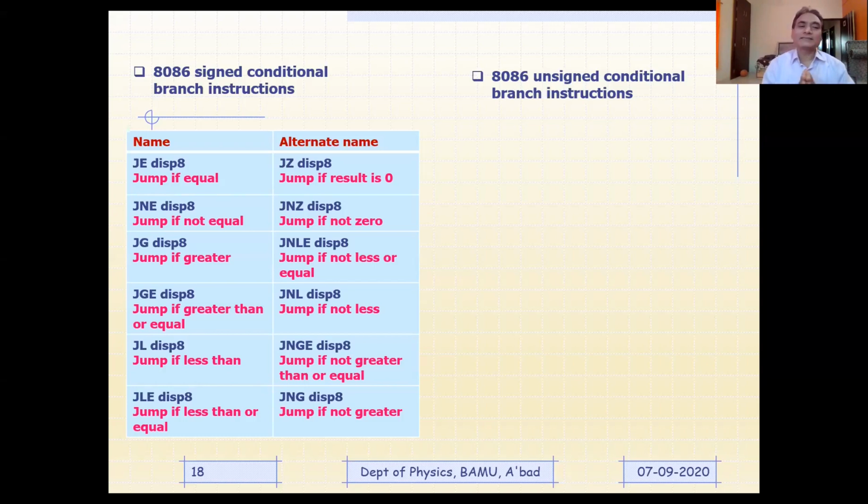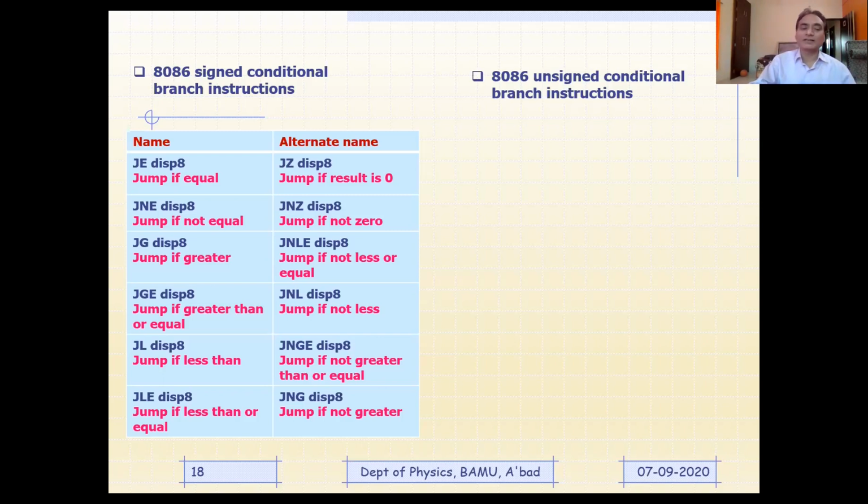Whereas as far as conditional jump instructions are concerned, some flags are updated due to an earlier instruction, and depending on that flag, the microprocessor decides whether the remaining instructions are to be executed or skipped, where to go. That is why I quoted one example: compare AL comma BL.